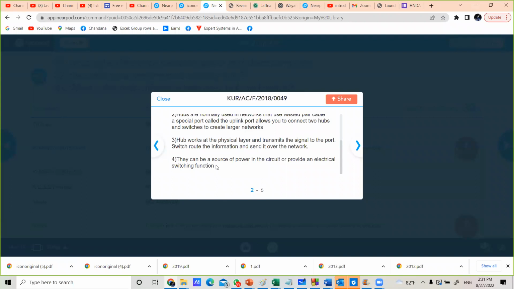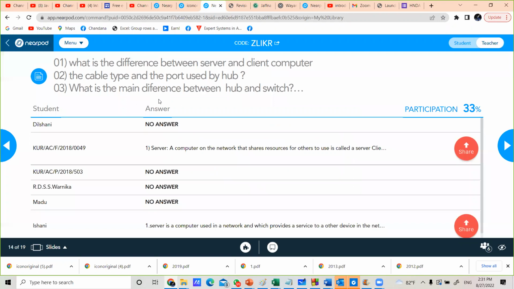Because it needs software to control, right? That's some of the answers you are sending me. However, I'm expecting more than that, right?